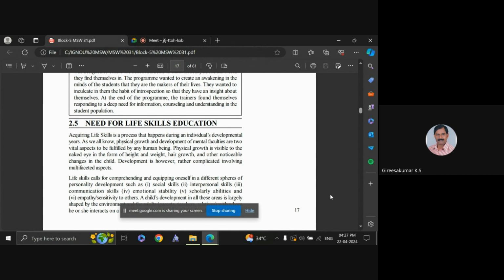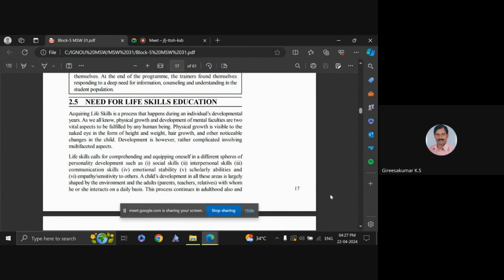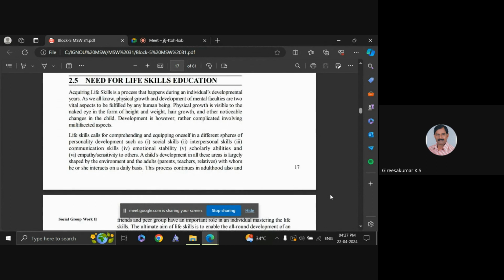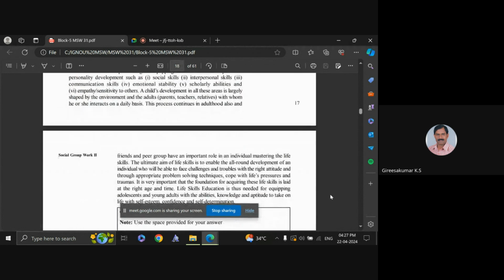So, life skills call for comprehending and equipping oneself in different spheres of personality: social skills, interpersonal skills. We have seen that, we have learned it. Emotional stability, scholarly abilities, empathy. These are all life skills.